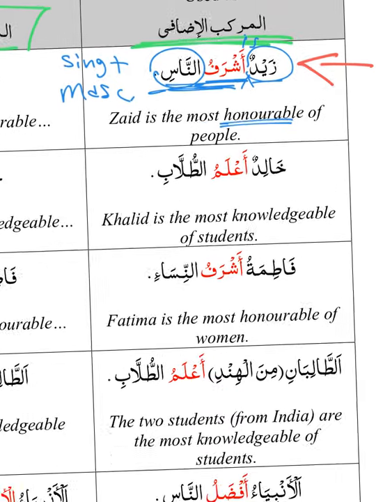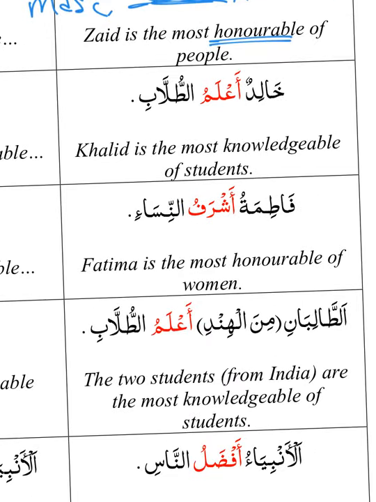Let me just give you an example. There you are. Fatimatu ashrafun nisa. So can you see? You've got Fatima here. It's feminine. You don't have to, but you have a choice. You can say Fatimatu ashrafun nisa. So again, down here you've got ismut tafdhil. It's being used in the superlative form and it's being used as mudaf mudaf ilayh.